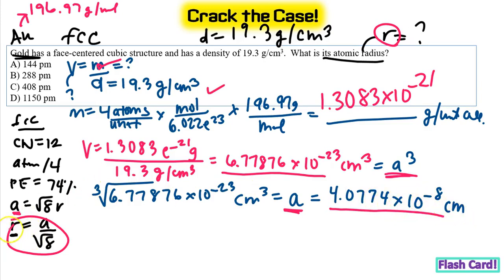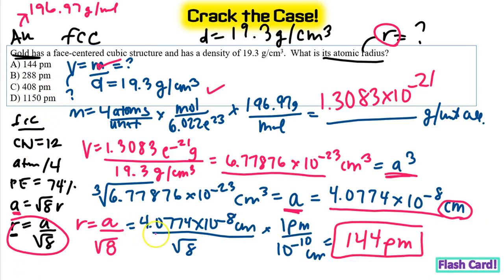So now we're going to take our radius equation. Radius is equal to our edge length over the square root of 8 to go ahead and find radius. But as you can see, we have the unit of centimeters here. So we need to do an extra step and go from centimeters to picometers to make sure we are answering the question properly.